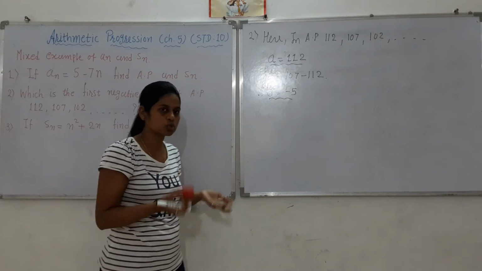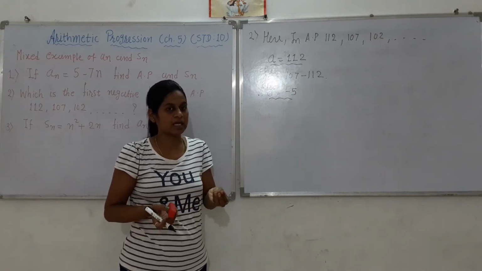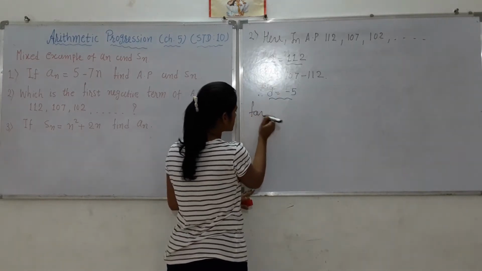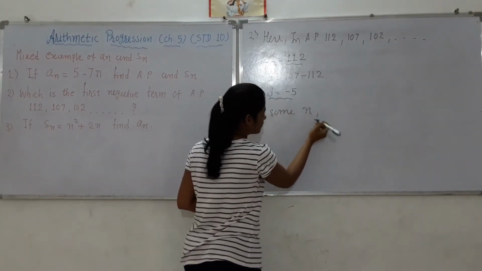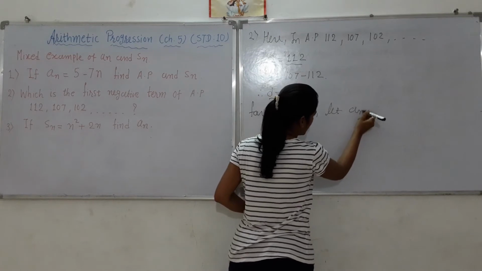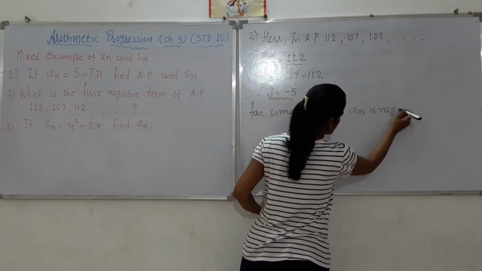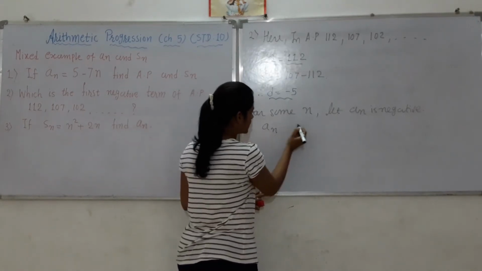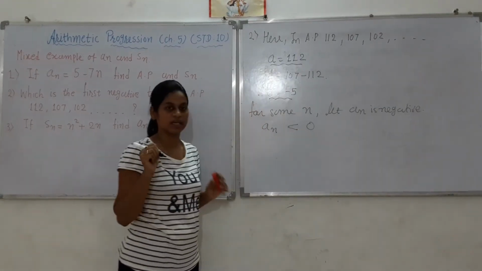So you are supposed to take some n for which the nth term, an, is negative. That means an is less than 0.